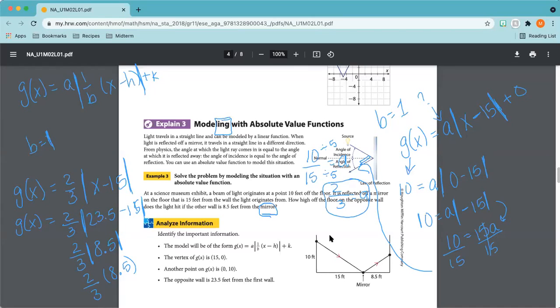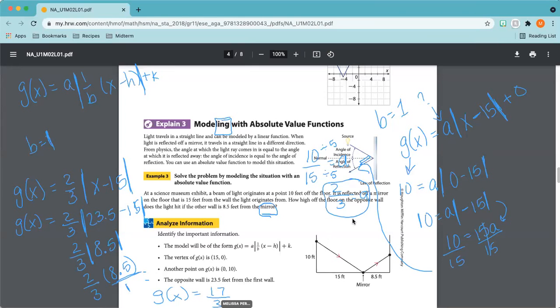We could just do it with 1, which would be 8.5 times 2, which gives me 17. I'm running out of space. g of x is equal to 17 over 3.